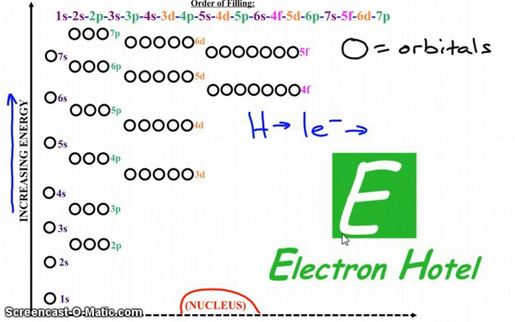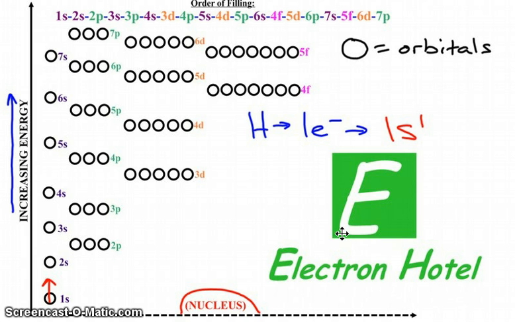It's going to be close to the nucleus in the lowest energy position possible, and that is down here in the 1s sublevel. I draw a little arrow to represent that there's an electron there spinning clockwise. So the electron configuration for hydrogen is 1s1. To a scientist, that notation means there's one electron in the 1s sublevel.